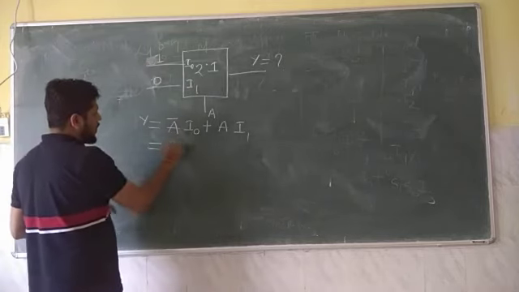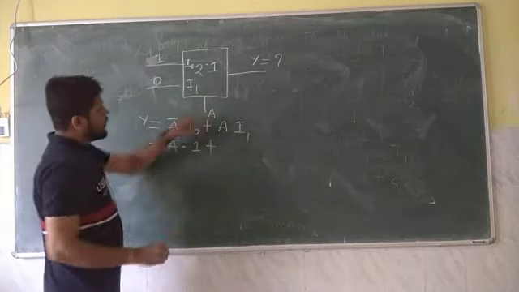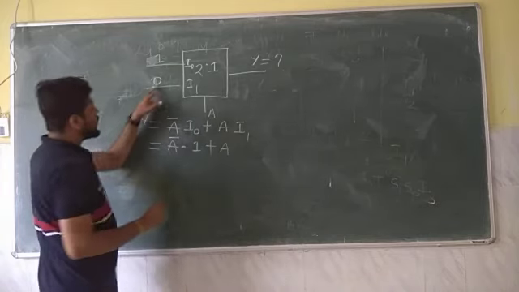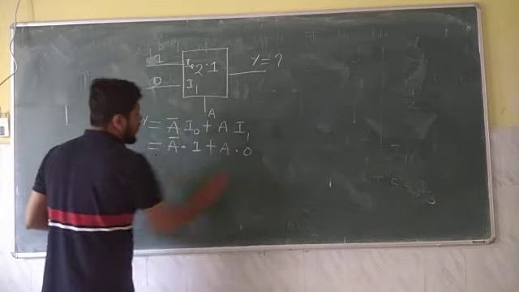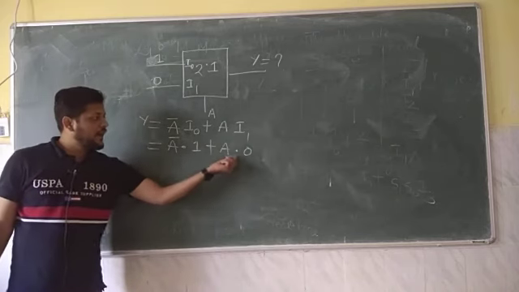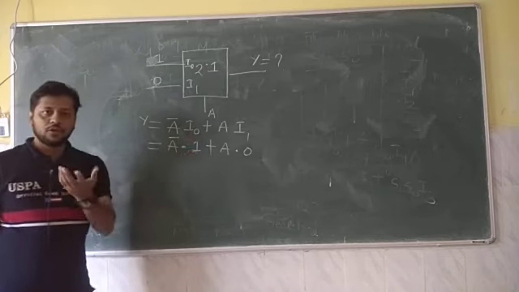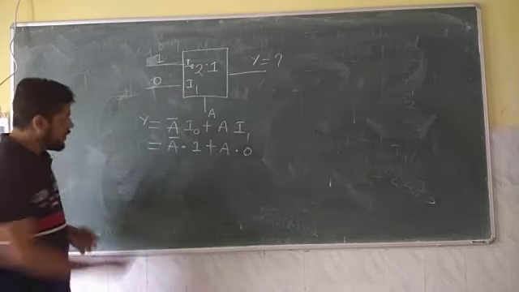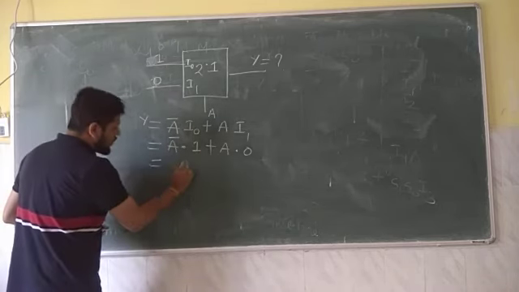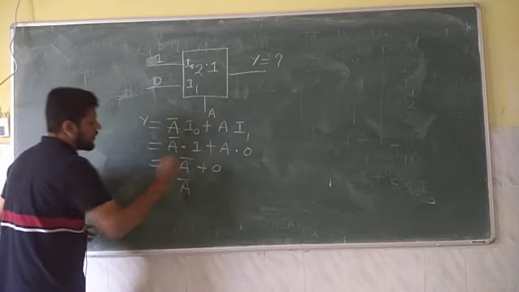So A bar dot 1 or A, what is the value of I1? I1 value is 0. And from the basic AND law we have studied, A AND with 0 always gives 0, A bar AND with 1 always gives you A bar. So this expression is A bar or 0, which is nothing but A bar.